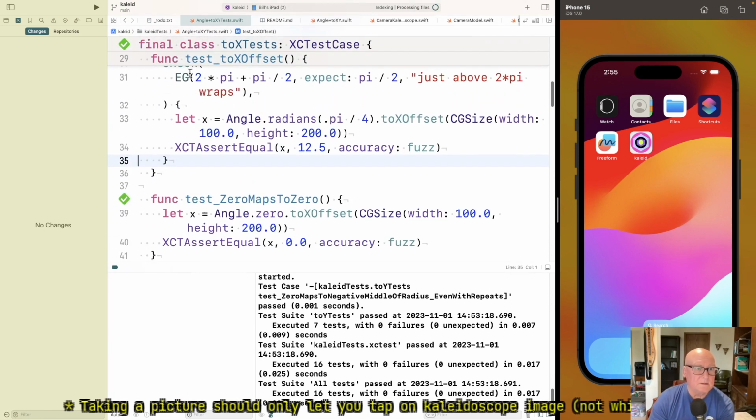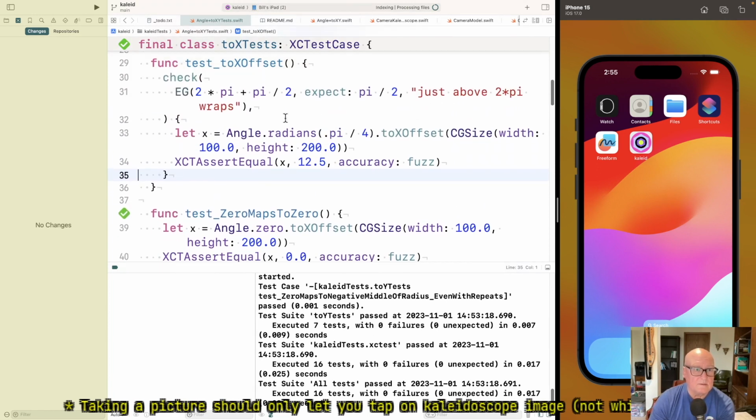Okay, the first case is, well, angle.radians, we can say 0 here.